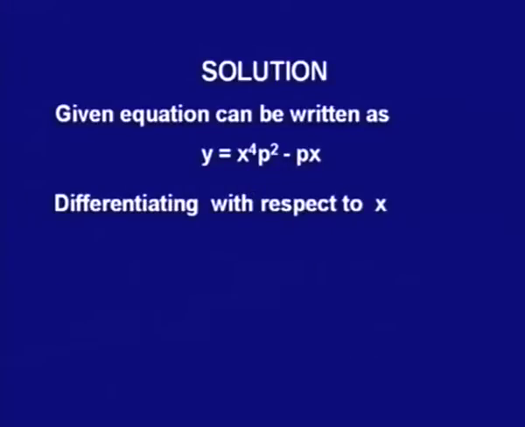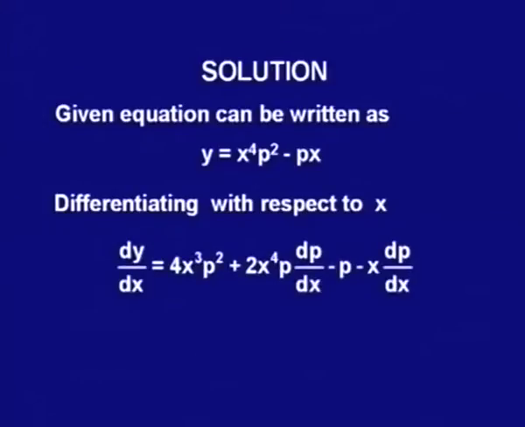Now, differentiate it with respect to x. What will I get? First term dy over dx. Here the derivative of x to the power 4 p square would be 4x cube and p square as such. Then we have x to the power 4 as such. What will be the derivative of p square? 2p, and p is again a function of x because it is dy over dx.